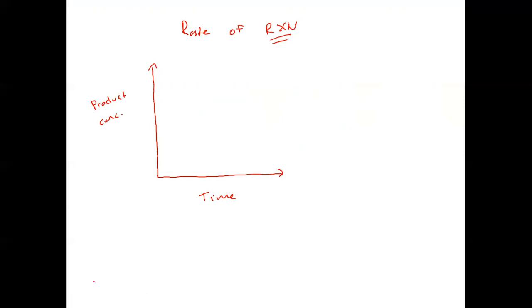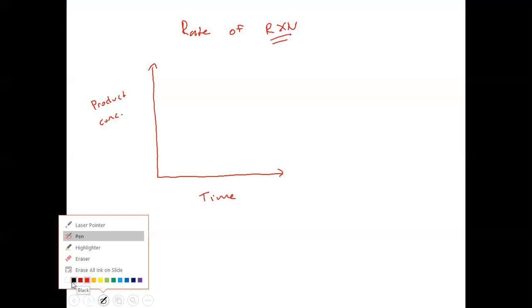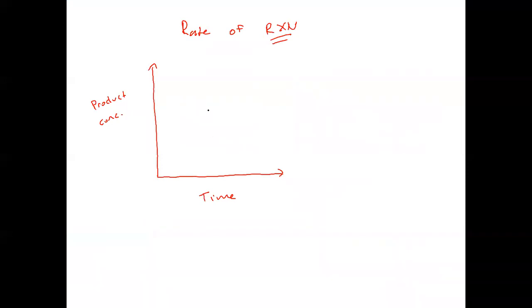Let me change the color here real quick. All right, so let's look right here. If I had a line that looks like this, okay, so let's talk about it.